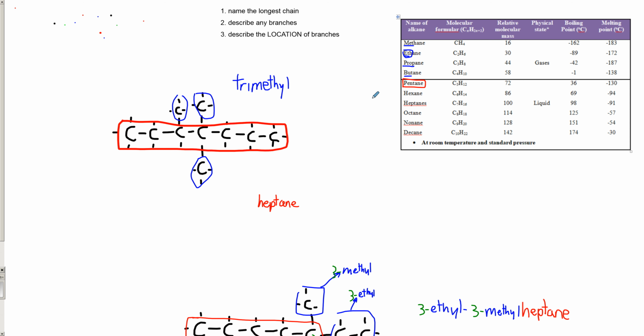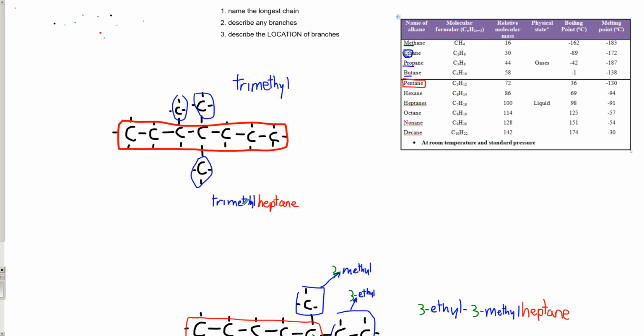So I'll write down my trimethyl here. Running out of space. Trimethyl. So we have trimethylheptane. We've described how many of the methyl groups there are. Now we need to give the addresses.